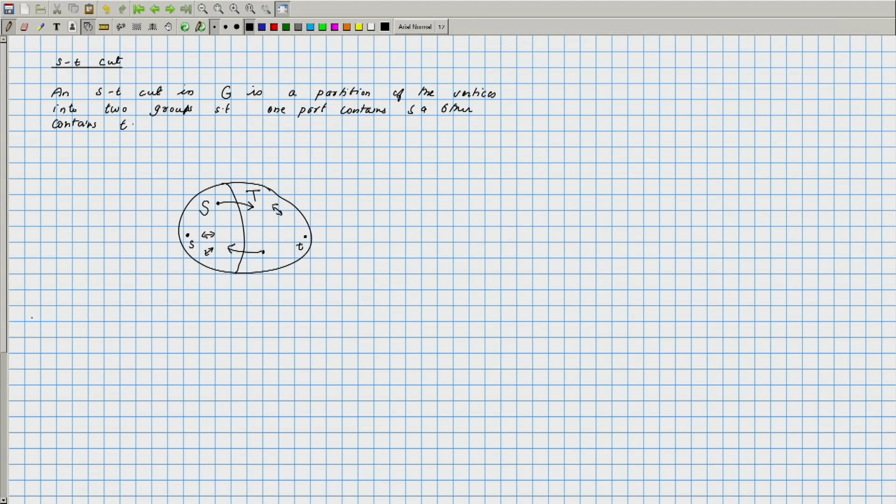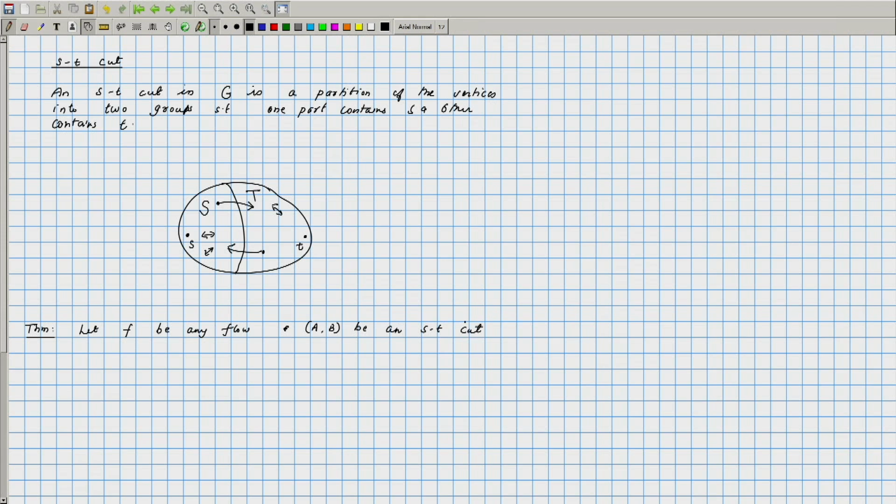Okay. So, we will now prove a theorem. Let F be any flow from S to T and (A, B) be an ST cut.